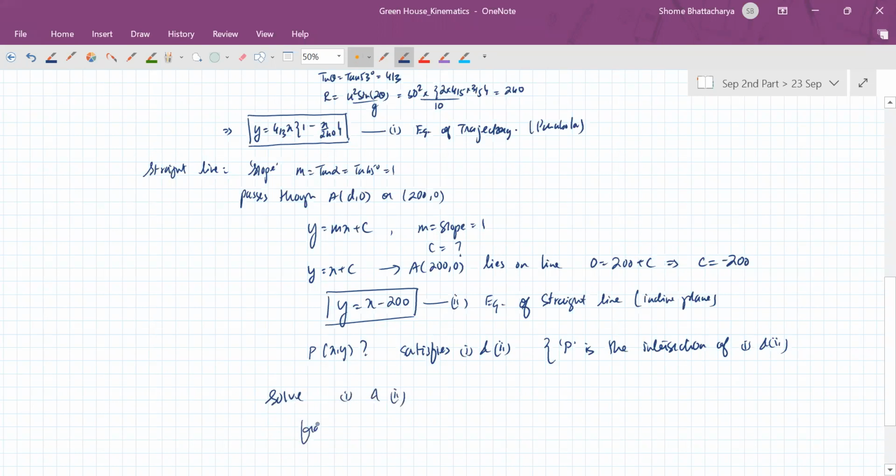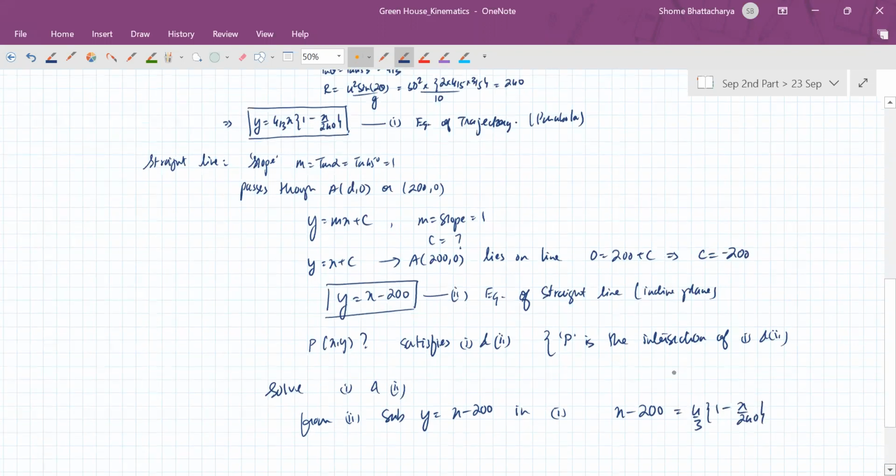From equation 2, substitute y as x minus 200 in equation 1. So we have x minus 200 is equal to 4 by 3 into 1 minus x by 240. So this quadratic equation has to be solved now.